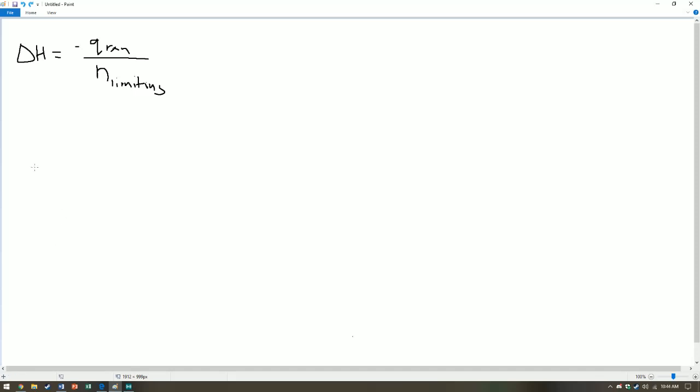Now we know that the neutralization reaction they give us is HCl plus NaOH going to NaCl plus H2O. I'm going to find the limiting reagent first, just so that we know what the denominator becomes.